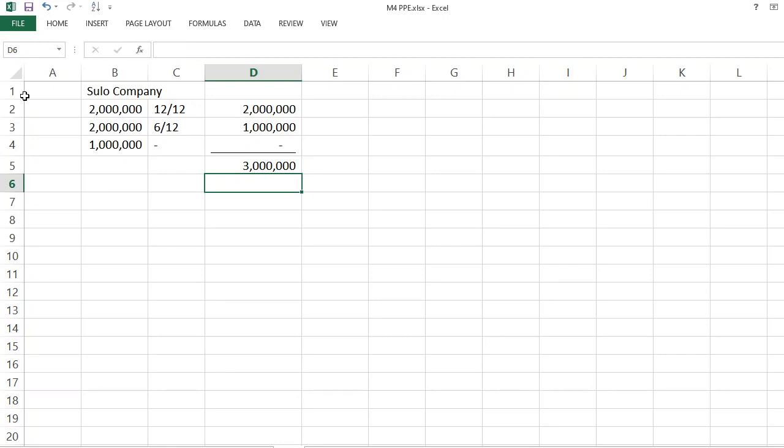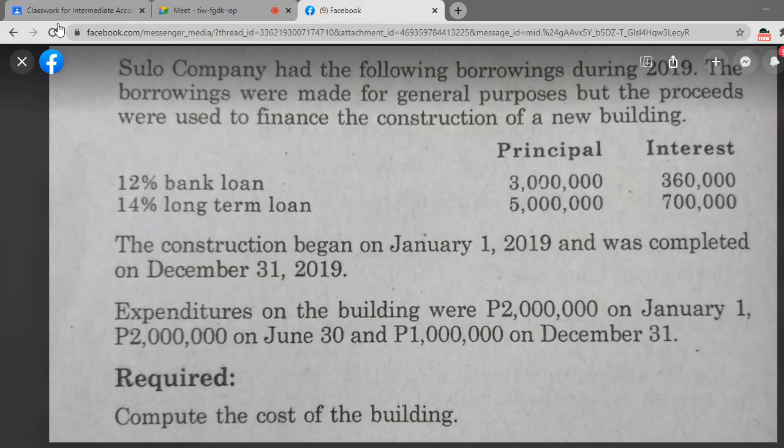So this 3 million will be allocated to the general borrowing. So ang amount nga nagamit out of the 8 million nga atong gihiram, 3 million ang nagamit. But the question is, what will be the interest rate that we're going to use? So, ma'am, will it be 12 or will it be 14? So, unsaon man?